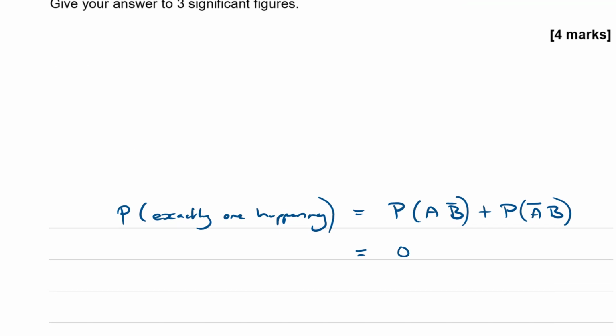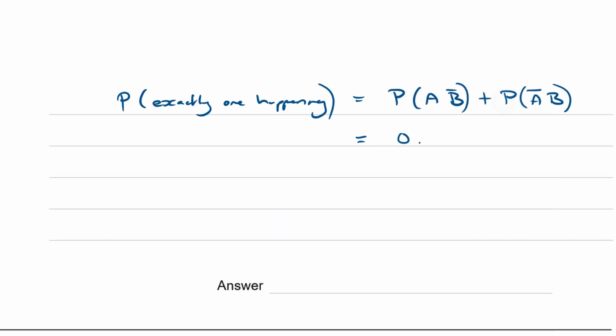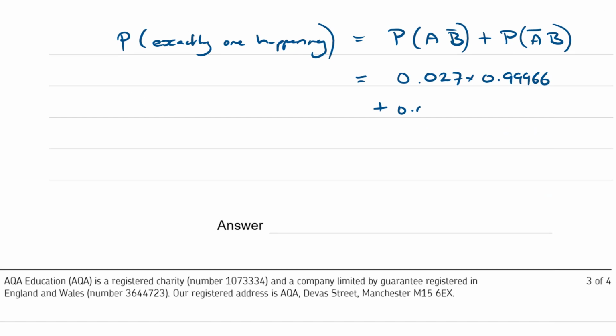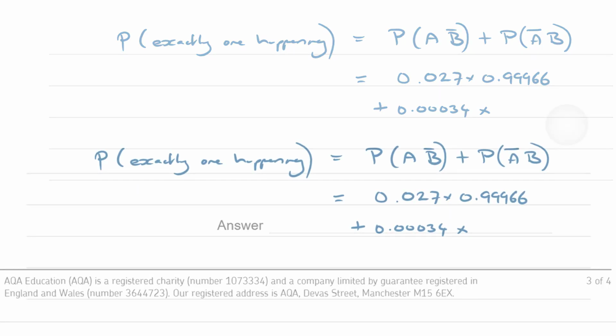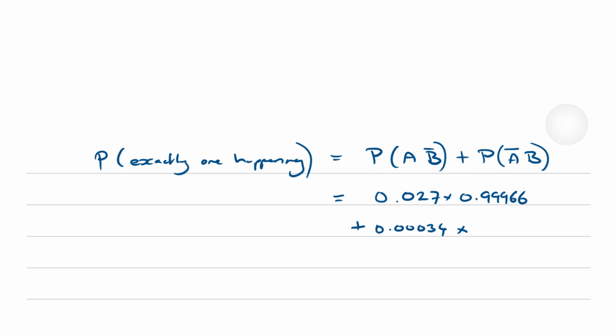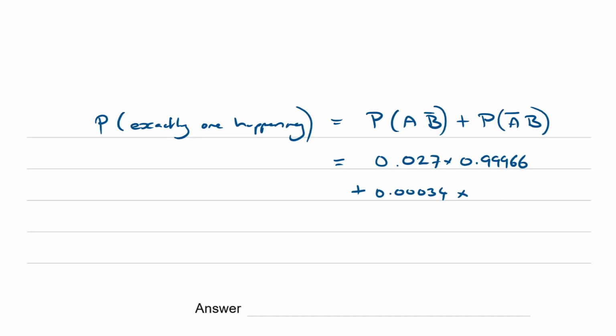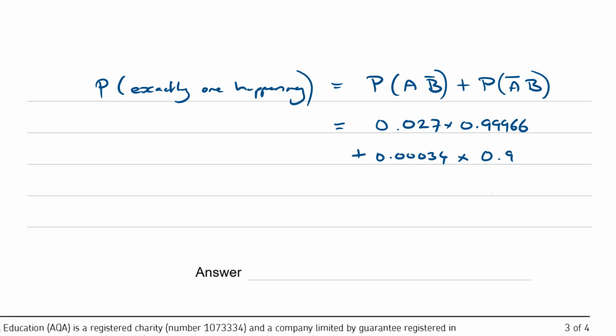So that's going to be 0.027 times 0.99966 plus the probability of not A. Not A was 0.00034 times the probability of B. So that's the probability of B times the probability of not A, which is 0.973. So I'm going to get a calculator out to do that.